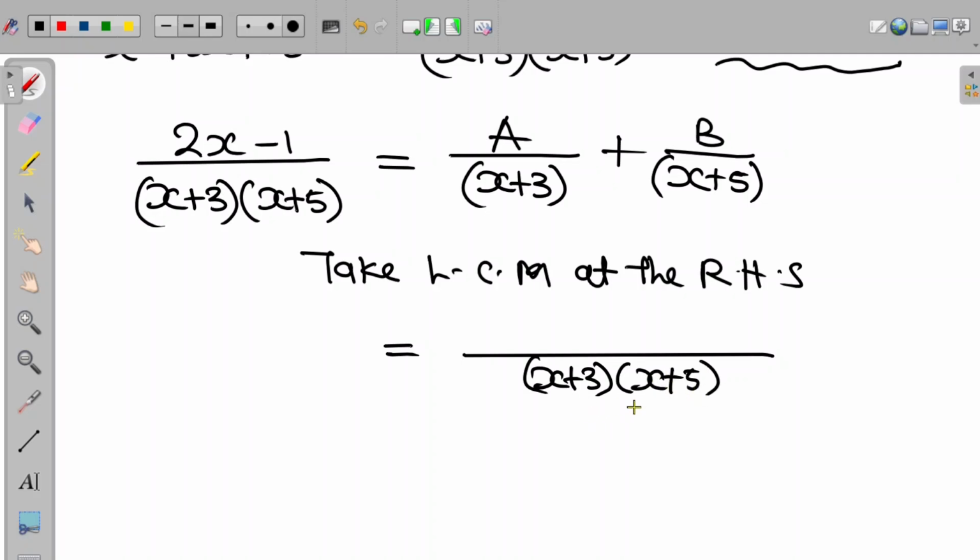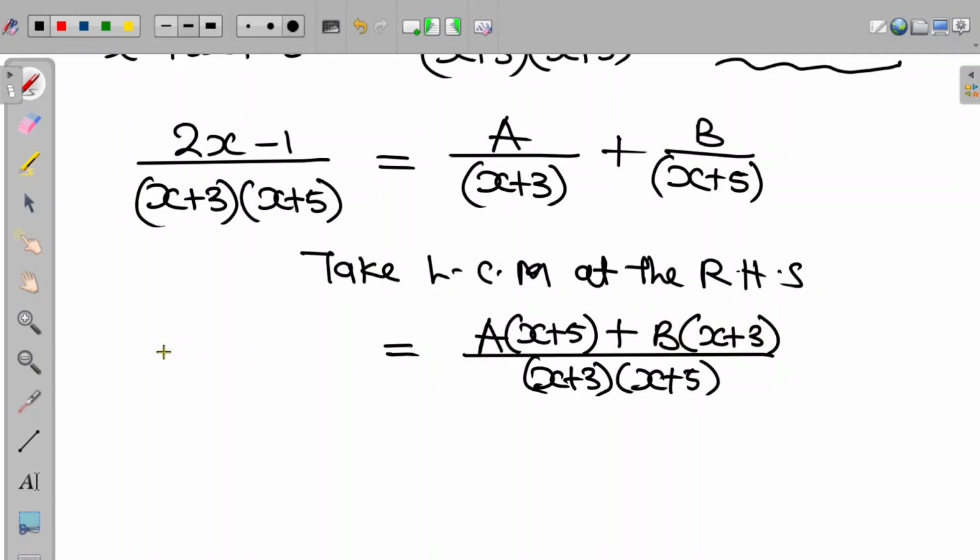So x plus 3 times x plus 5 divided by x plus 3 will be left with x plus 5. So we have A multiplied by x plus 5. Also, x plus 3 multiplied by x plus 5 divided by x plus 5 will be left with x plus 3, and we have B multiplied by x plus 3.